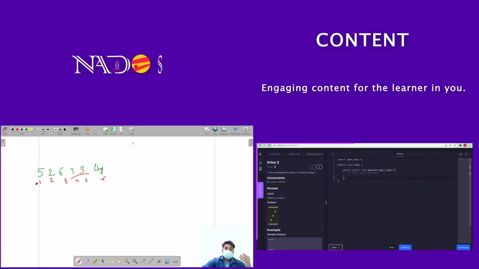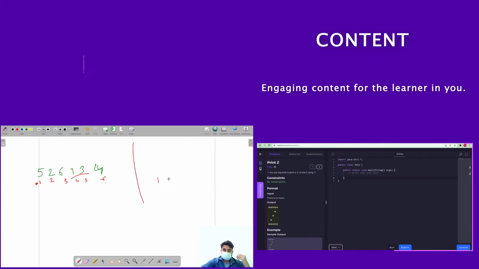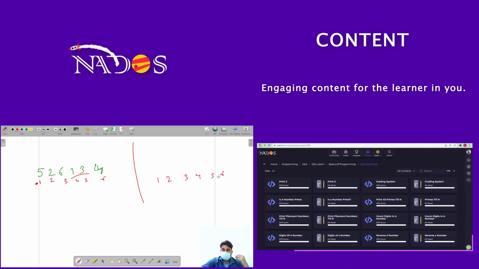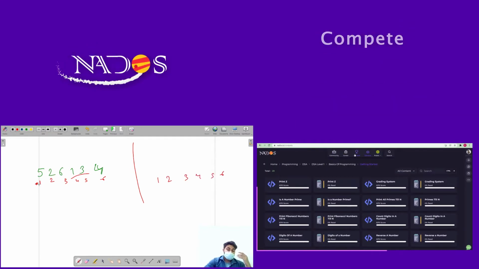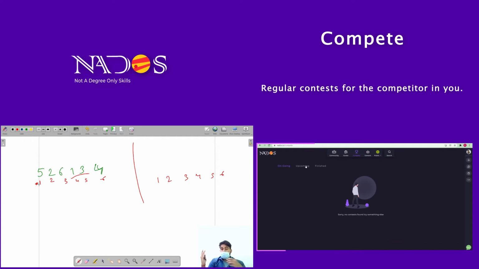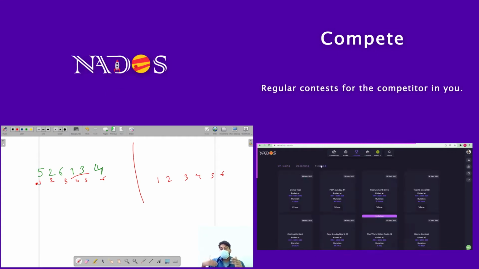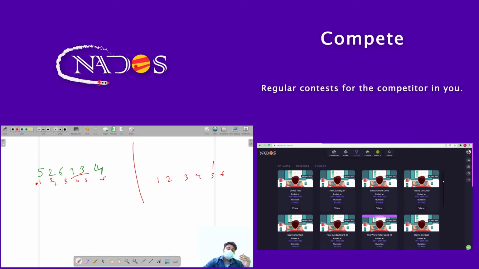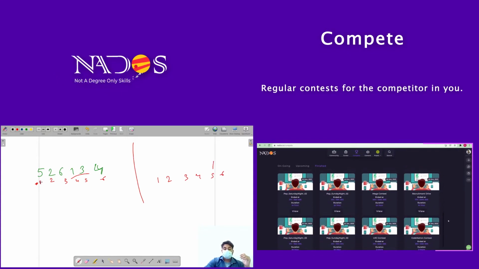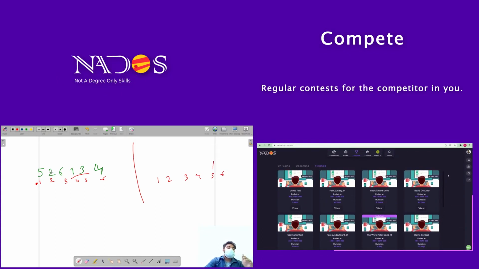We need to swap the face value and the index value. Let me write the index 1 2 3 4 5 6. As this 5 is at index 1, in my output the 1 will come at index 5. So you can see here we interchange this face value with this index value. Similarly here 2 is at index 2, so 2 will come at index 2.